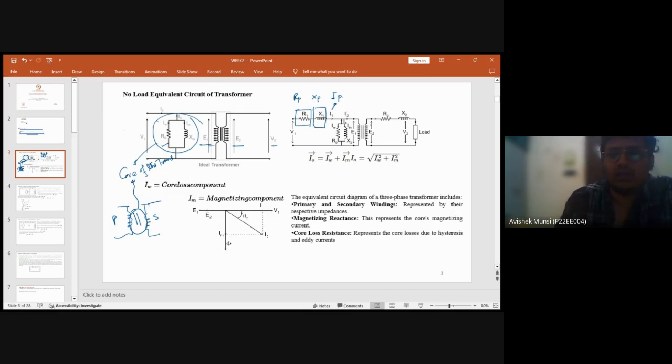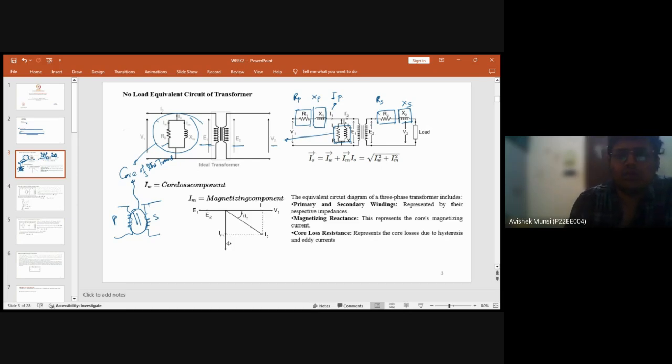And this is the core component we already showed in this block diagram. And this one is the secondary resistance, and this one is the secondary reactance. So this is basically the equivalent circuit diagram of a transformer.